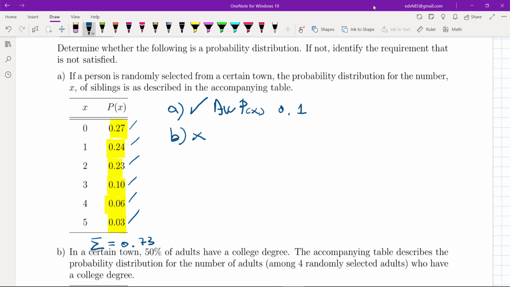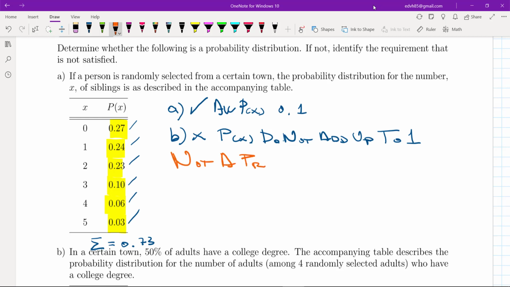All right, and the probabilities do not add up to 1. So that's why in this case, this is not a probability distribution.